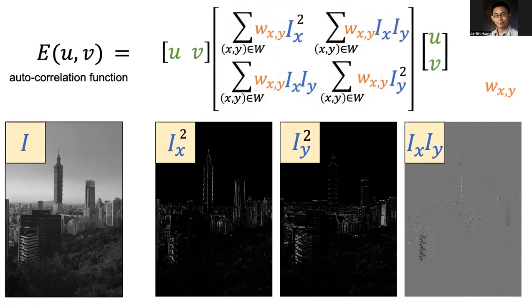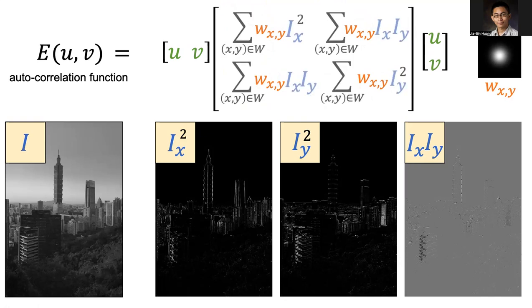Instead of just adding up all the pixel intensities within a window, you have a weighted version, and the weight can use the Gaussian filter. Which means you are taking these things and then blurring them.